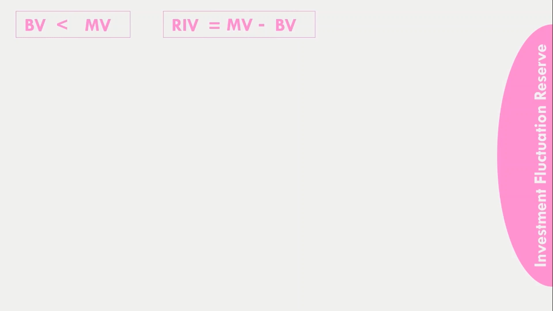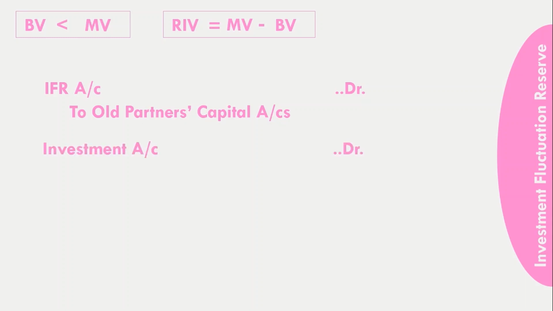Now as the value has risen, the reserve can be distributed among partners. So first we will clear the account of investment fluctuation reserve and will distribute this amount among old partners in their old profit sharing ratio. Then we will increase the value of investment by debiting it, and will transfer this gain to the valuation account.